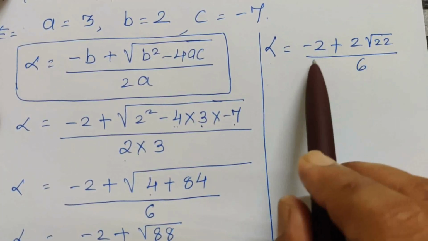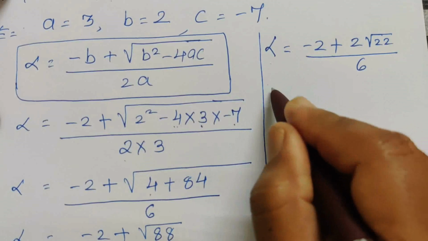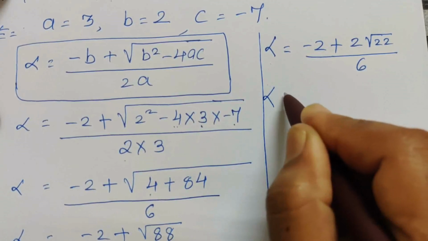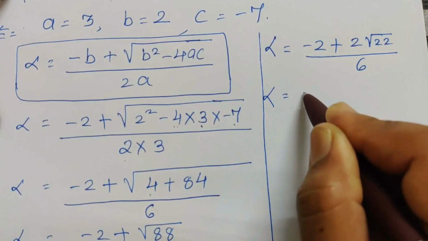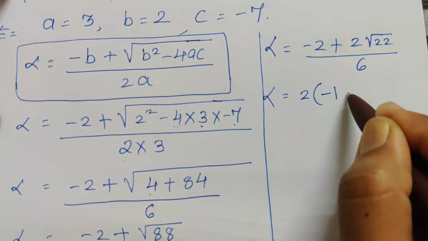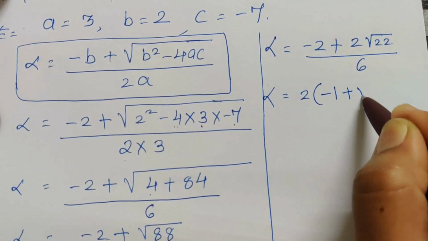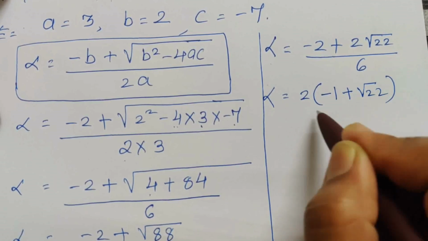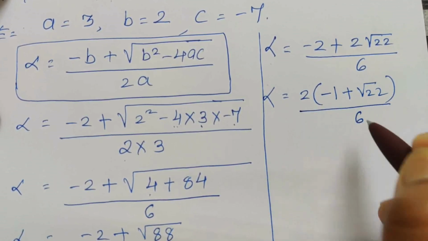Minus 2 plus 2, we'll take the 2 common. That means we'll get here alpha equal to 2 is common, remain minus 1 plus root 22 upon 6.